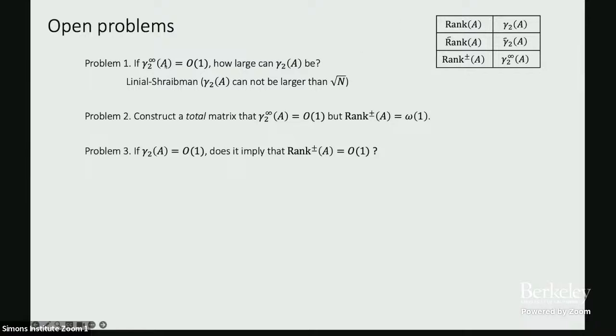What I discussed was polylog versus poly n. For constant, the best one would be just 1 versus polylog, right? So this question is also interesting.